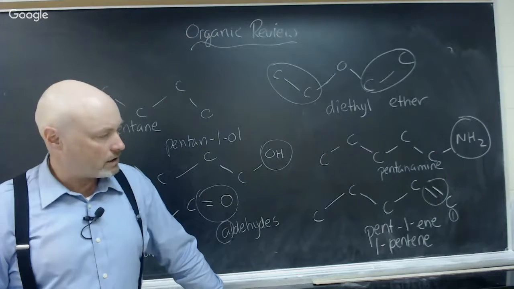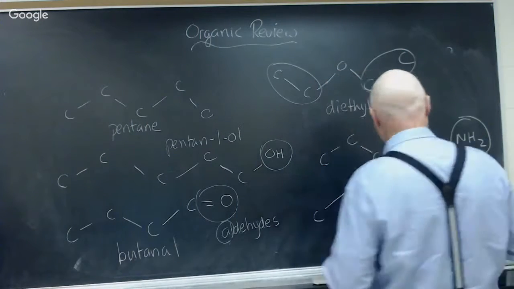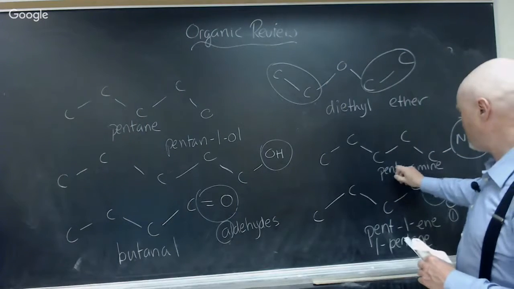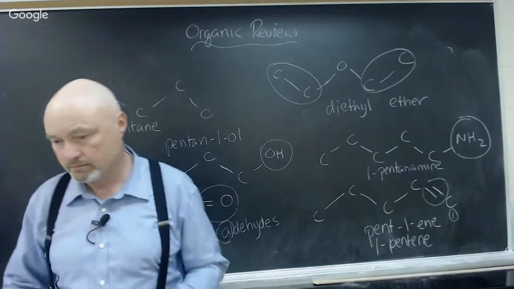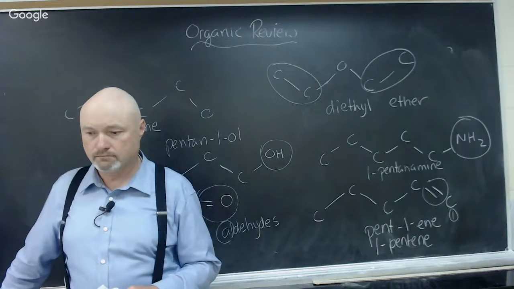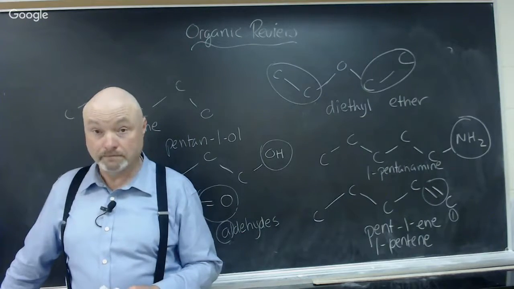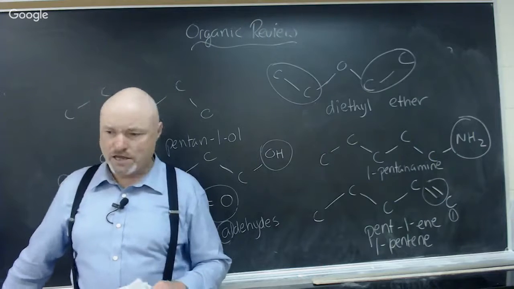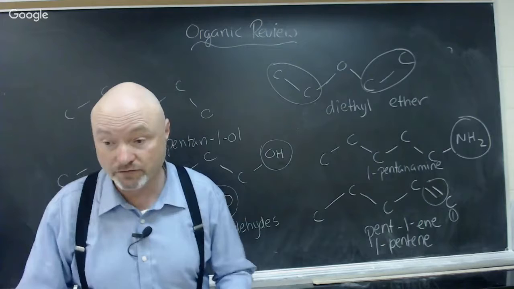Well, now that I'm looking at it, we could call this 1-pentanamine, I guess. Is it for the ones that could be put into different spots? Yeah, if it can go anywhere on the chain, then you usually have to specify it.